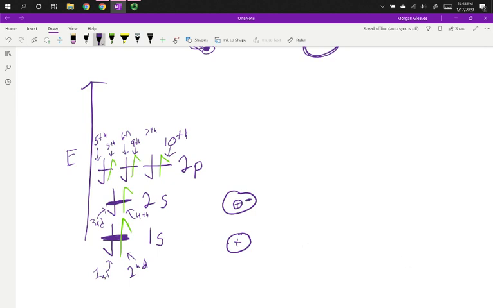So the 1s is positive or negative, whichever you want, throughout the entirety of it. The 2s has a little ball of positive surrounded by a bigger ball of negative, or a little ball of negative surrounded by a bigger ball of positive, as long as they're opposite. That's what we care about. It's a slightly different shape. It stems from the math. If I've got an axis coordinate, I'm doing my math, some of it's positive and then it's negative out afterwards.